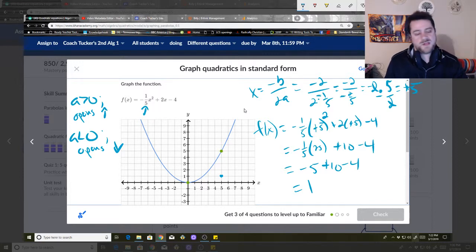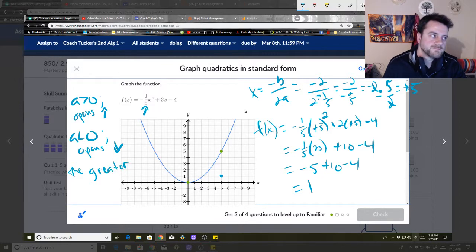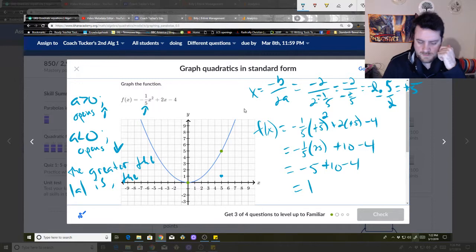And then I'm going to say it like this. I'm not going to actually write it, but the greater the absolute value of A is, the more narrow the parabola will be.